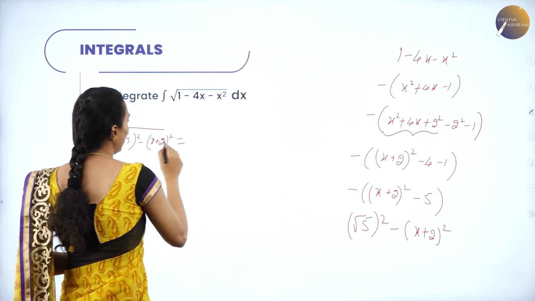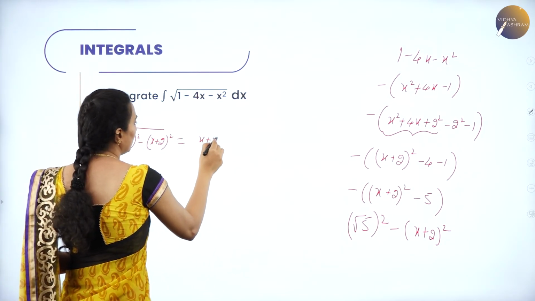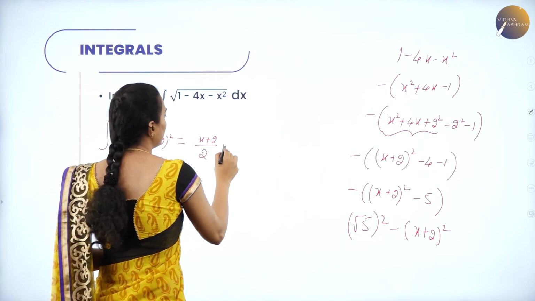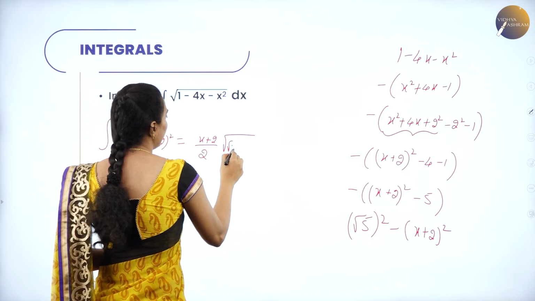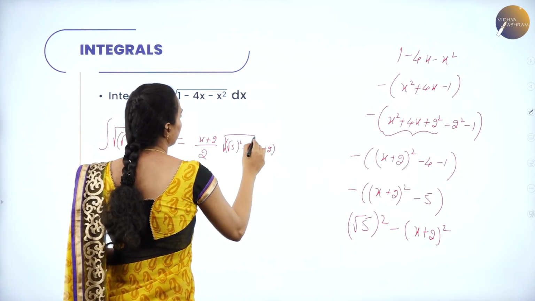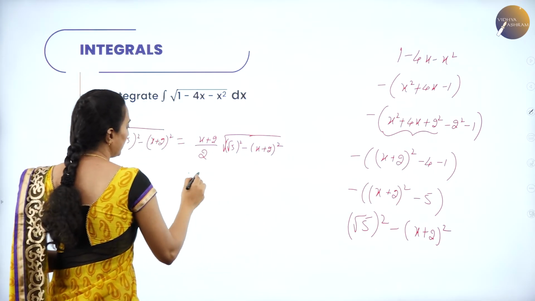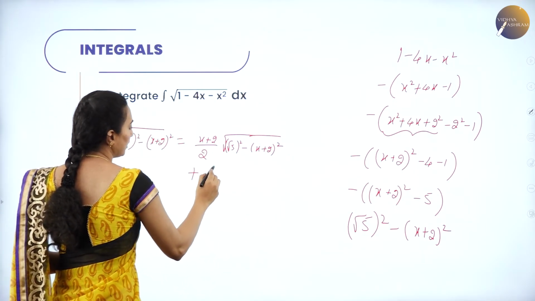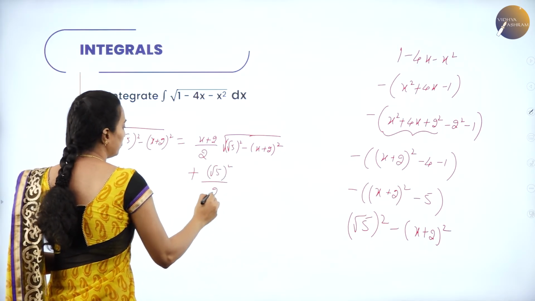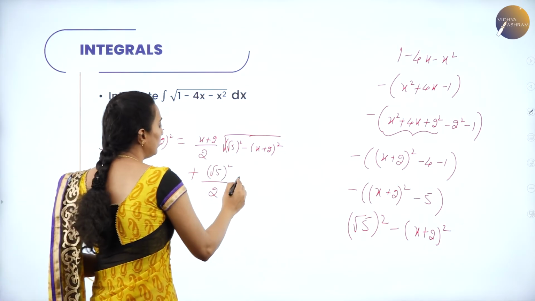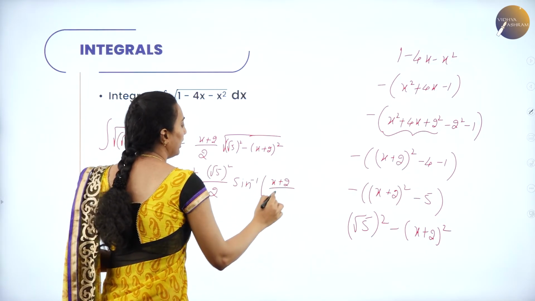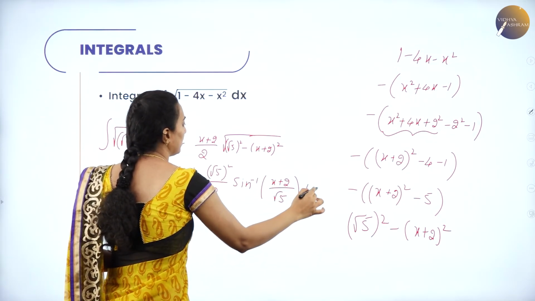which is nothing but x by 2, where x replaces x plus 2, (x plus 2) divided by 2 under the root of root 5 whole squared minus (x plus 2) whole squared, right? So plus a squared by 2, a is nothing but root 5, a squared divided by 2, into sine inverse of x by a, where x replaces x plus 2, a replaces root 5, plus c.